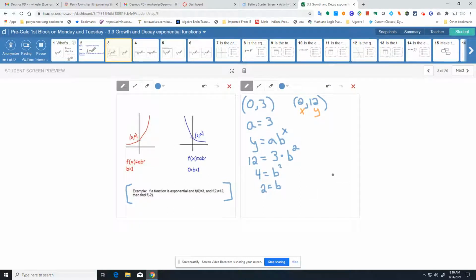So now we can write our equation, f of x equals 3 times 2 to the x. And now every once in a while I'll get people who will say, well, that's just 6 to the x. You can't multiply them because they have different exponents. That exponent for the 3 is actually a 1. So they ask us to find f of negative 2.